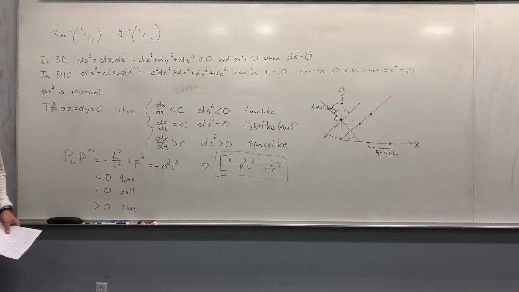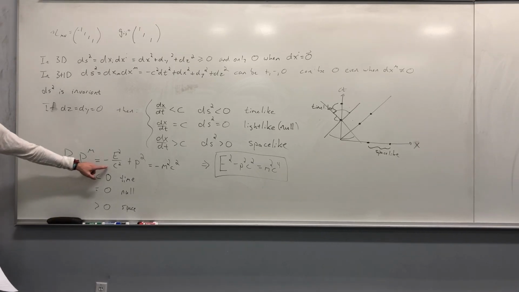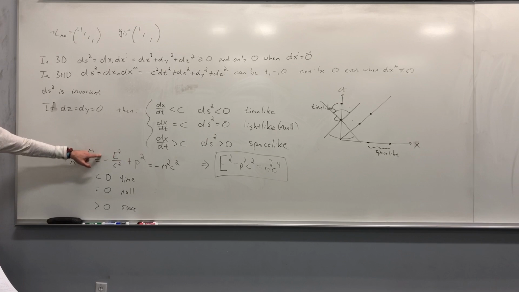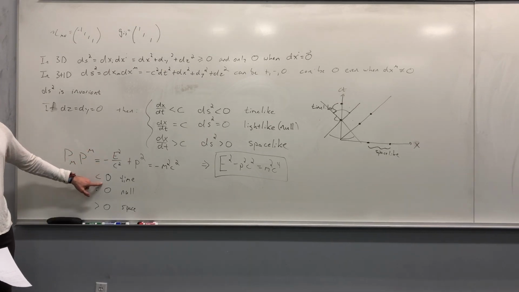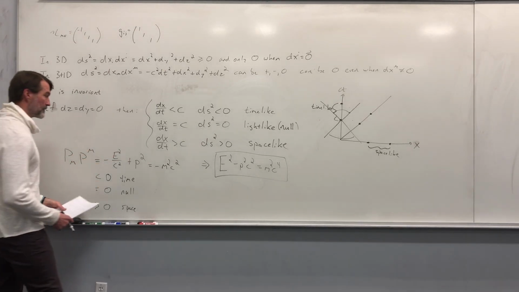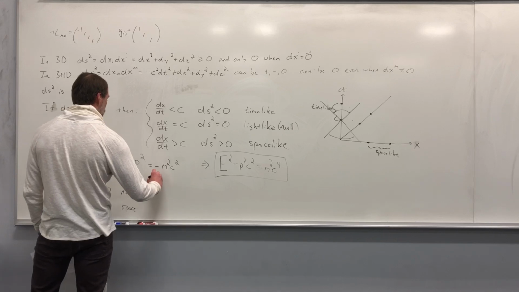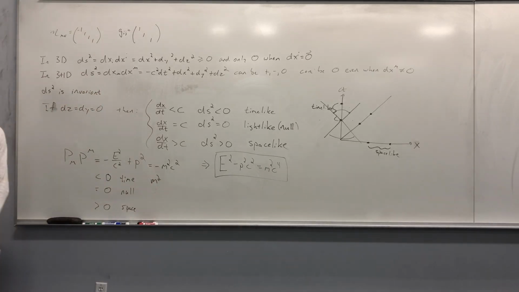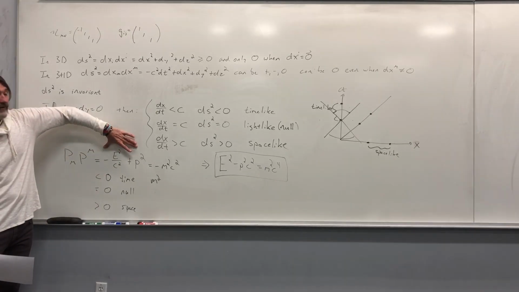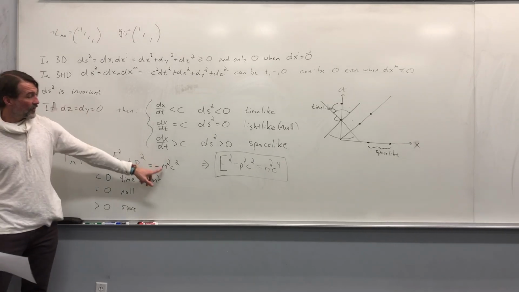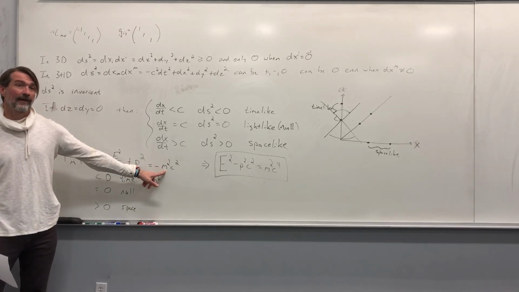Connor, you're going to get to walk through this one with me, you ready? Okay. If this is negative, what is the sign of m squared? So if the left-hand side of this expression is negative, what's the sign of m squared?